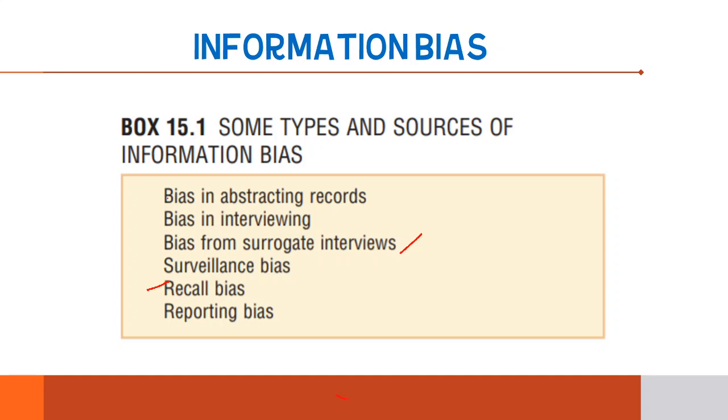Then we have surveillance bias. Now, surveillance bias is actually a type of information bias. It occurs when one group of subjects is followed up more closely than the other. What does this mean? For example, ang ginatry nato sabihan diri is the relationship of oral contraceptive use with thrombophlebitis.